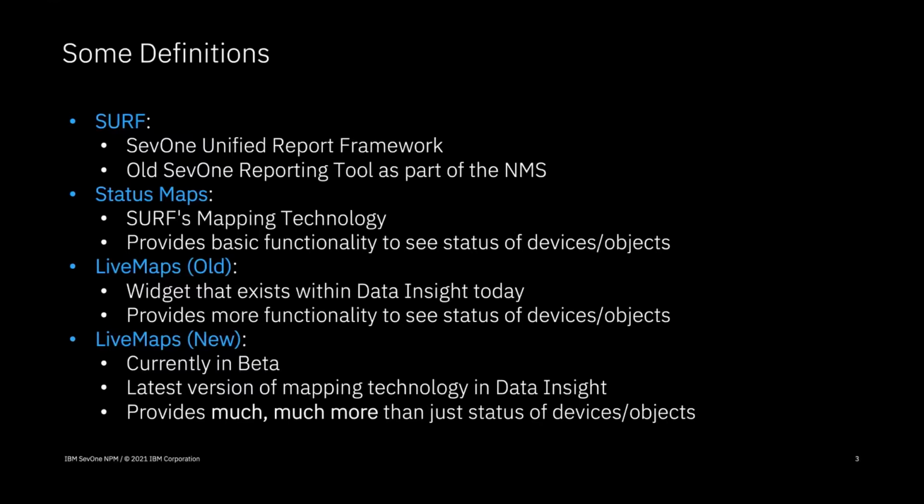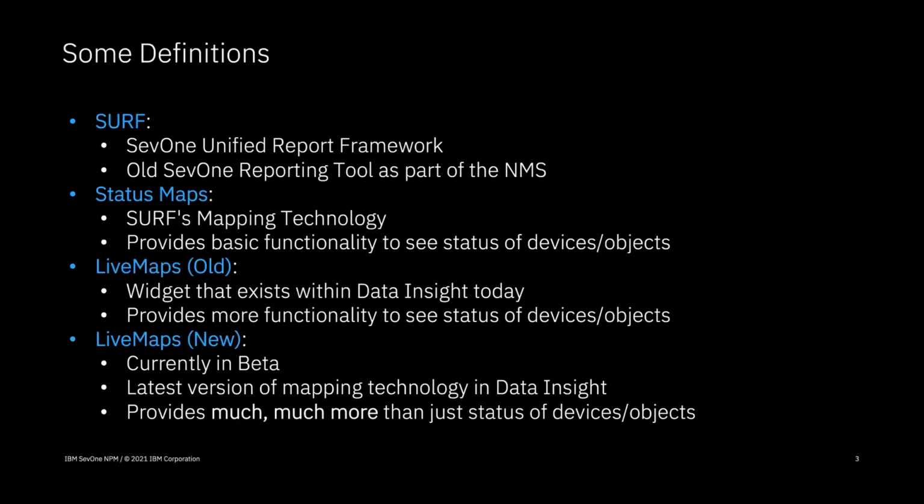Data Insight came along a couple of years ago to start taking over those same responsibilities from SURF, but I want to be really clear when we're talking, because some of these names overlap. Status maps was basically SURF's mapping technology, a basic way to see the status of devices and objects, and alert status within devices and objects, within the NMS.